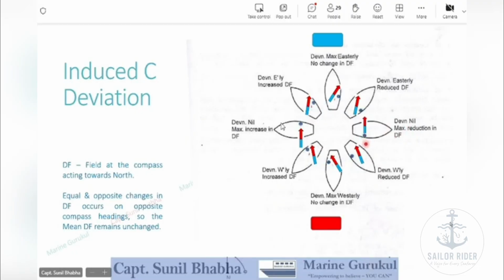To the south of the compass needle, we have the red magnetic pole of the Earth, whereas this pole is having a blue polarity. So the polarity of this particular pole is opposite to the polarity of the Earth's pole in this direction, thus reducing the directive force at the compass location.